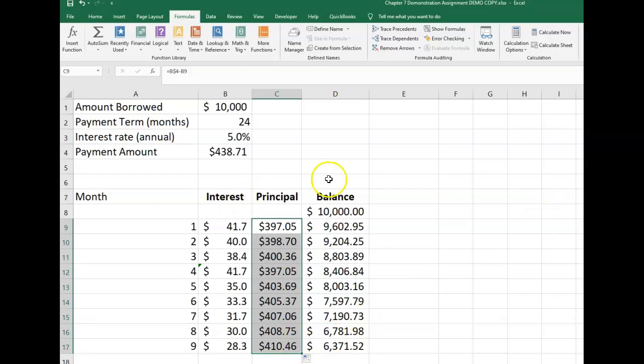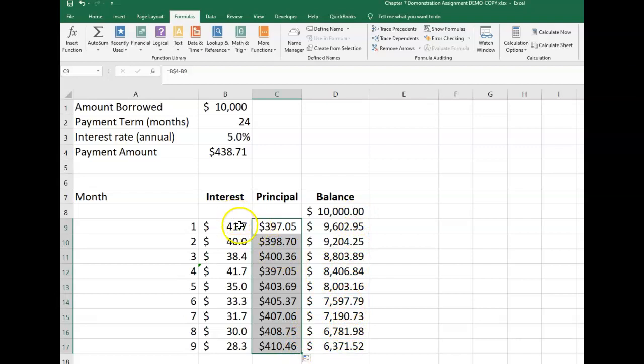You would be tempted to say, okay, everything's fine, but if you look carefully and you know about loan amortizations, interest is calculated on the balance at the beginning of the month. And what is not applied to interest is applied to principal. So in a proper loan amortization schedule, interest should get smaller every month, and principal should get larger every month, and the balance in the loan should get smaller.